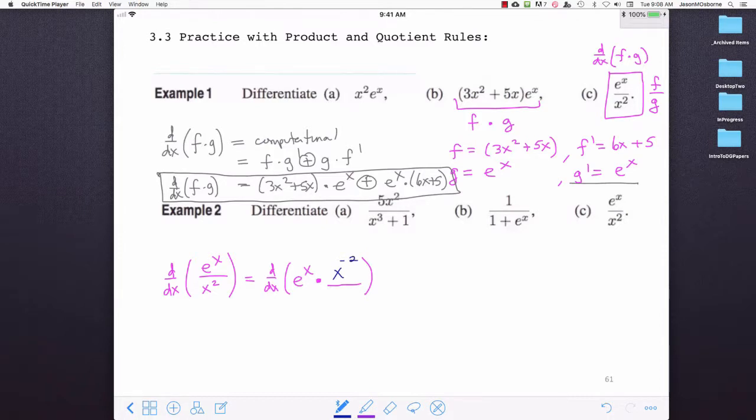Alright, and now we have two functions being multiplied by each other. So what we're remembering here is the properties of exponents: in 1 over x squared, the x squared can move to the numerator if the exponent picks up a negative.